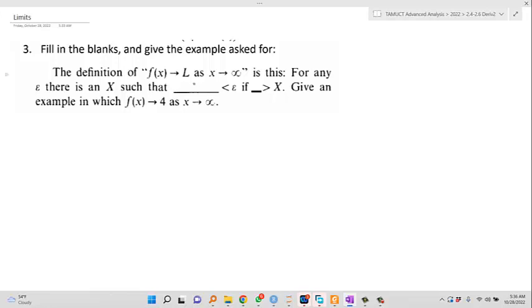So what does it mean that the function f goes to L as x goes to infinity? Well, let's draw our axes, and then let's draw our function.